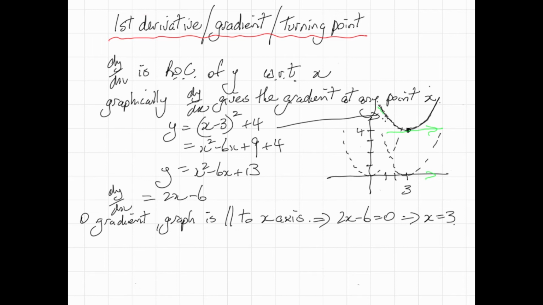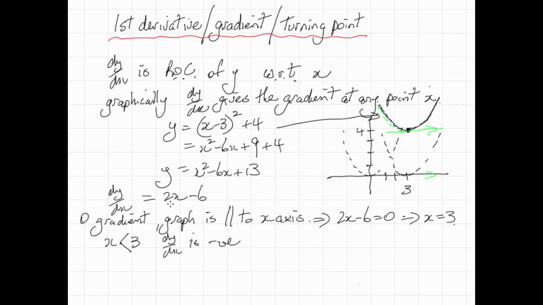Any tangent I draw on this side, as you go from left to right across the Cartesian plane, if a line is falling, it has negative gradient. So everywhere when x is less than 3, dy dx is negative.